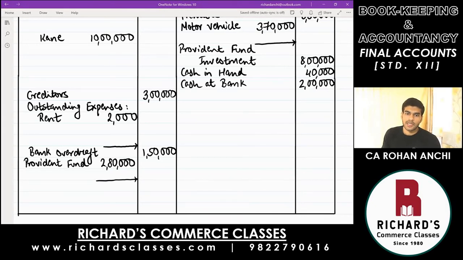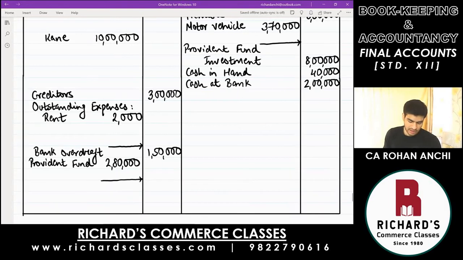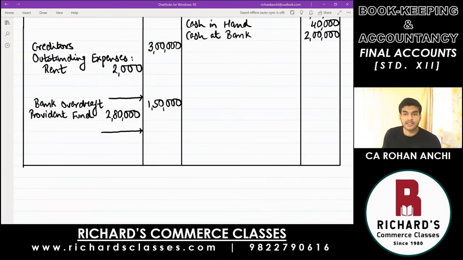Interest on PF investment, that will be added to provident fund, which we just now wrote on the liability side in the inner column. Below that, write down plus interest on PF investment. Amount is 42,000.